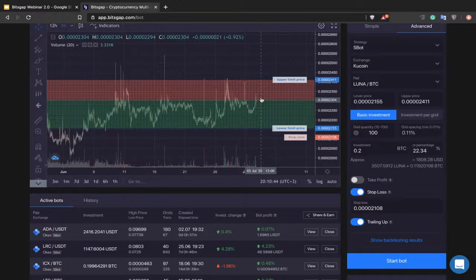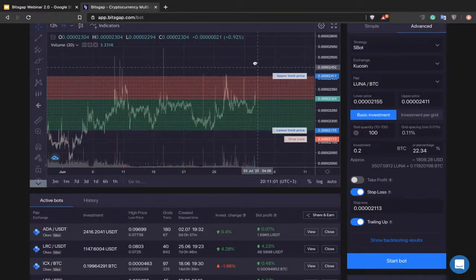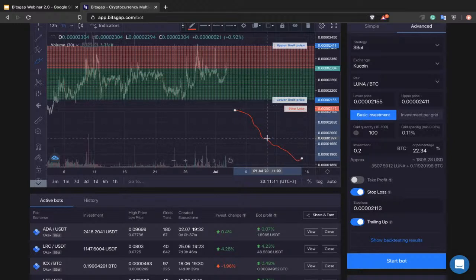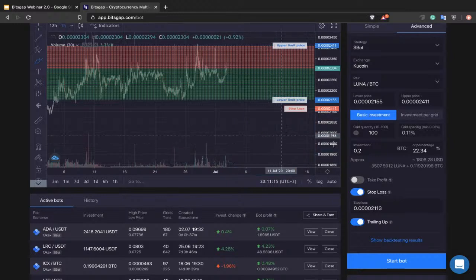So all of the Luna it has purchased during this falling market, it will sell to BTC at that price where the stop loss is placed. So that means I have a limited risk, because imagine if the price eventually moves even lower. In this case, without this stop loss feature, my return would be even worse.